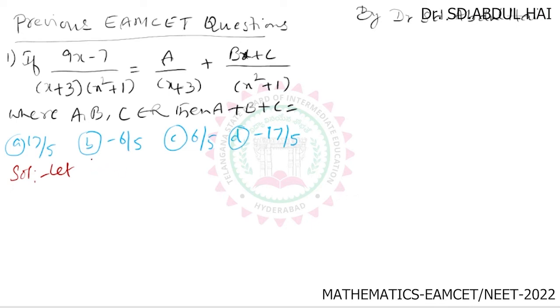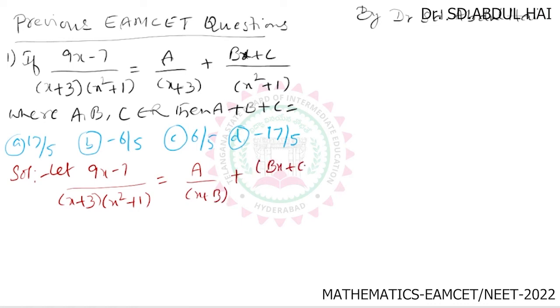So whatever is given, I am writing this. Let (9x minus 7) whole divided by (x plus 3)(x square plus 1) is equal to a by (x plus 3) plus (bx plus c) whole divided by (x square plus 1). Right? So instead of 'let it', I will prefer to write 'given'.